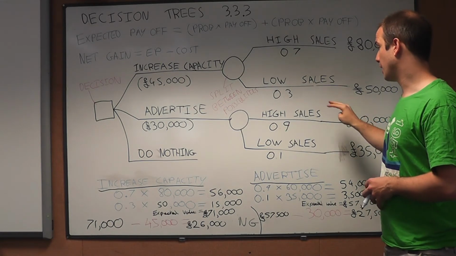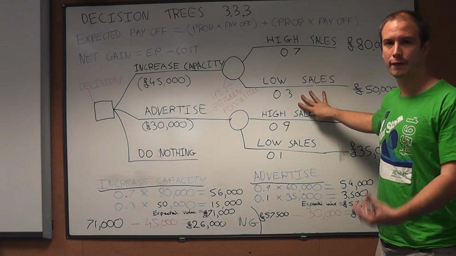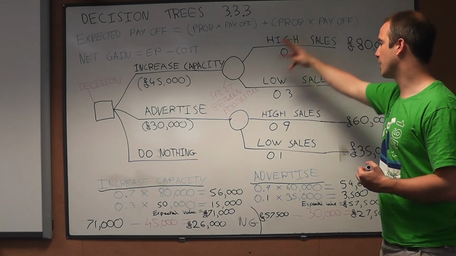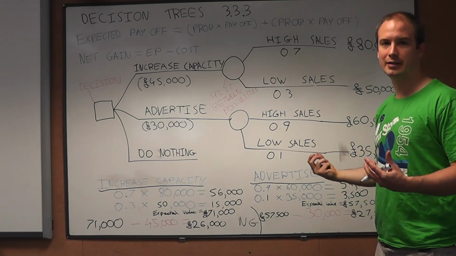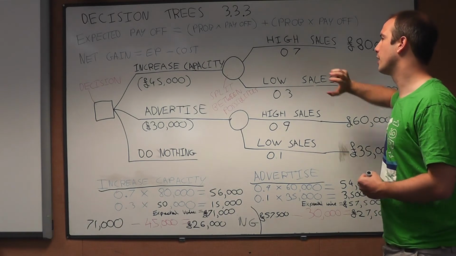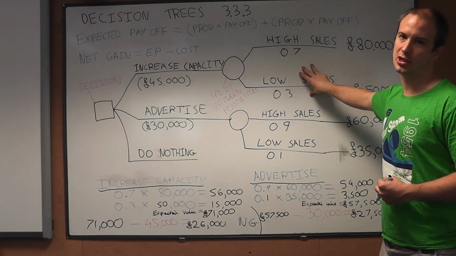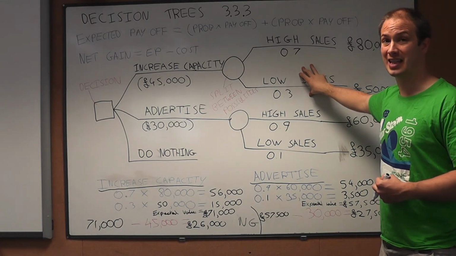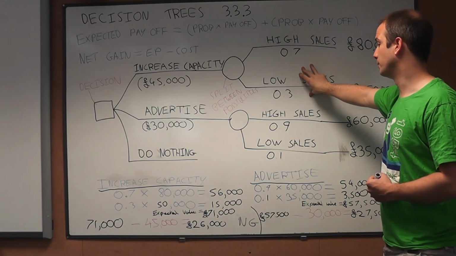Furthermore, a decision tree is much more effective when you've got lots of quantitative data, when you can break down everything that's given and turn it into numbers which can then be applied to the decision tree. If you've got lots of qualitative data, it will be significantly less applicable.